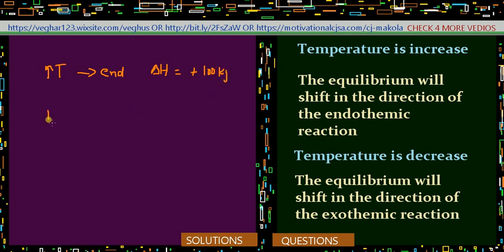A decrease in temperature favors exothermic, which means delta H is less than 0. So this is how it favors.